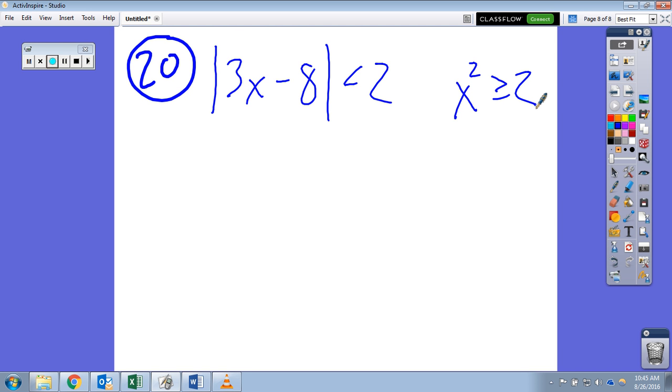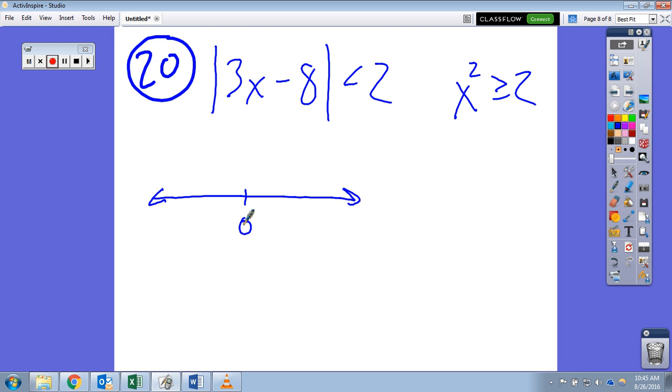So for number 20, you guys remember this? Absolute value. What does absolute value mean? Distance from 0, exactly. Don't even worry about how complicated it is. Whatever's inside has a distance from 0 that's less than 2. So here's 0.